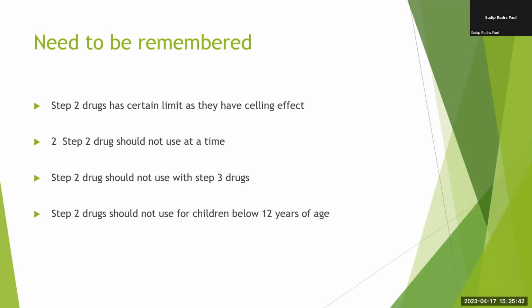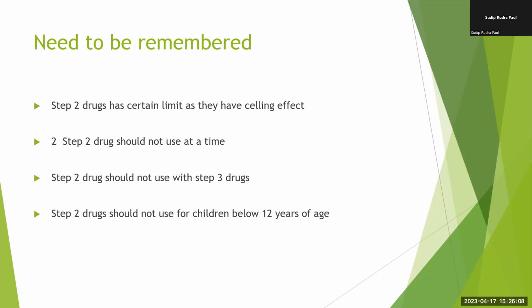Next, two step 2 drugs should not be used at a time. Like the patient is getting tramadol, and by that time tapentadol or codeine also the patient is getting. Though codeine is not available in the Indian market, I'm giving you another example: tapentadol is there, Topal 50.